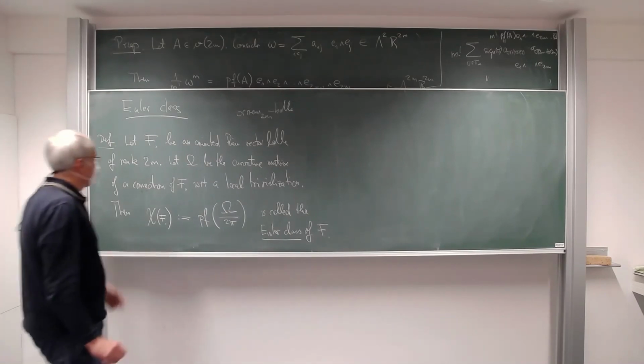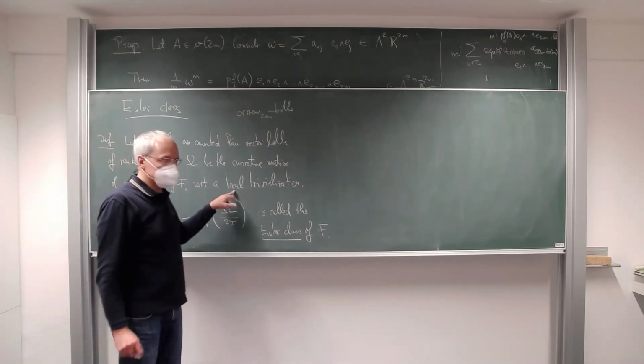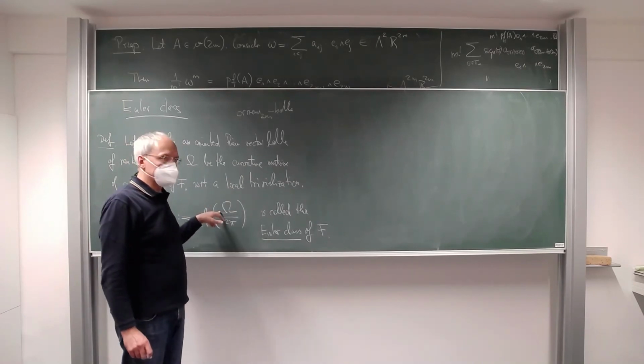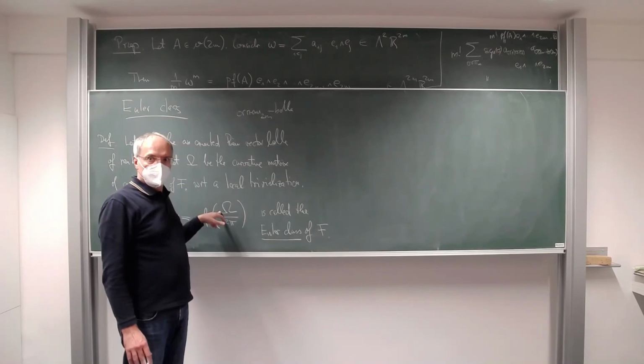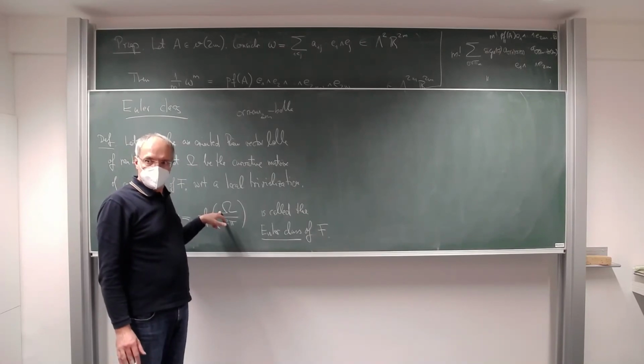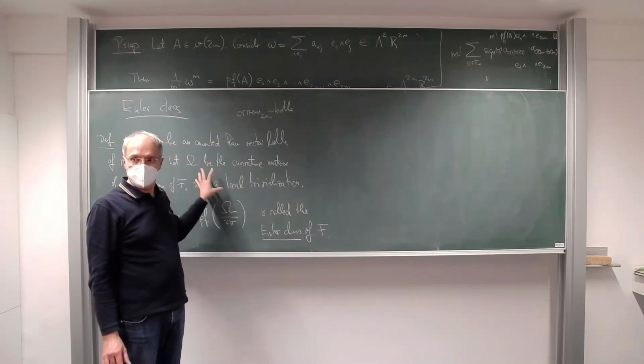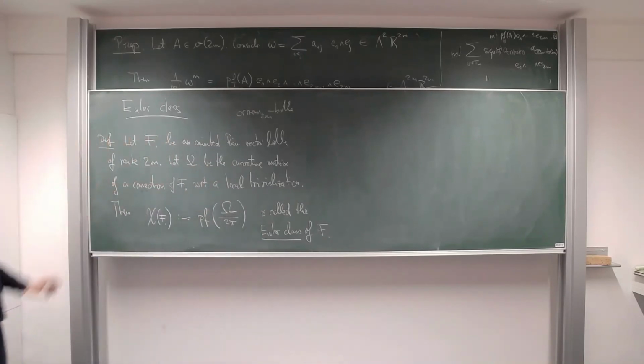And when I talk about a local trivialization, same thing. So we compute the curvature matrix with respect to a frame which is positively oriented and orthonormal. I didn't write it explicitly, but I'm saying it to remind you of that.